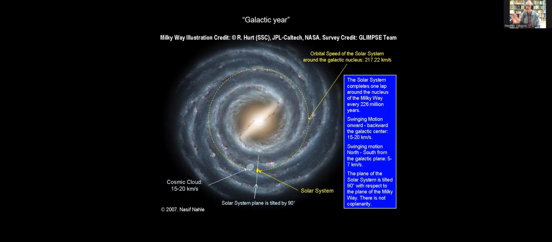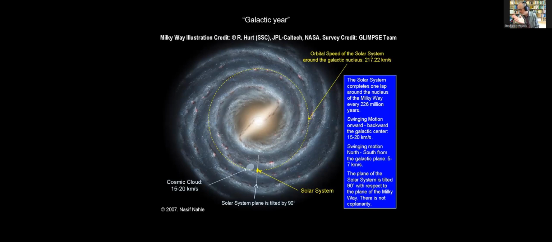And it actually undergoes a kind of swinging motion in doing so, relative to the galactic plane of about 5 to 7 kilometers per second, and towards and away from the galactic center at 15 to 20 kilometers per second.